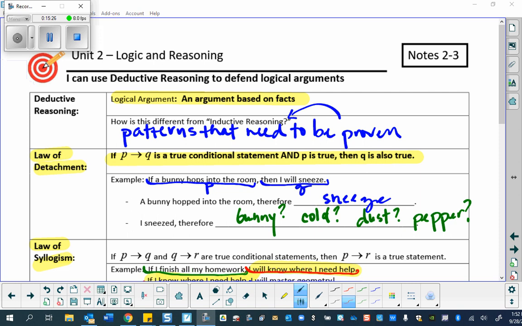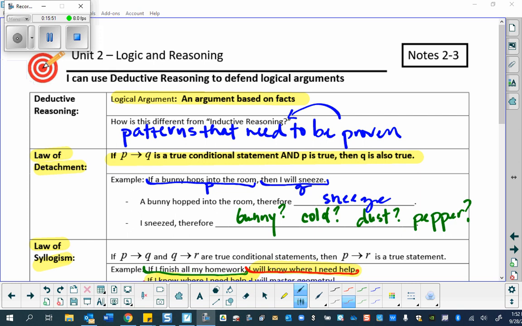So deductive reasoning is an argument that's based on facts. And an argument that's based on facts means it starts with a statement that's given to you that's guaranteed to be true. So the question is, how is this different from inductive reasoning? Inductive reasoning is what we've been doing so far.